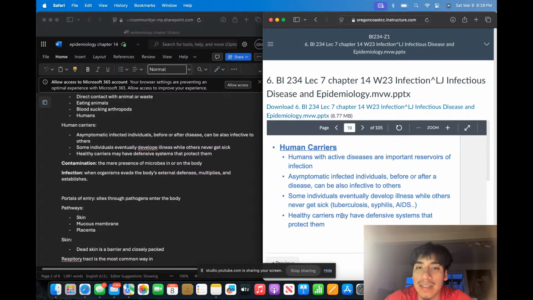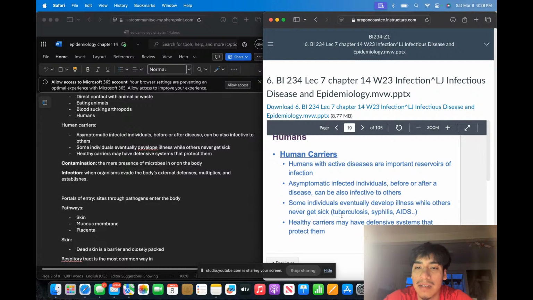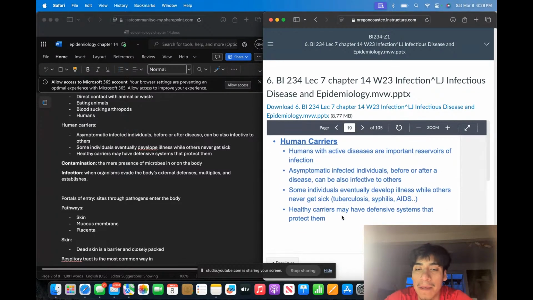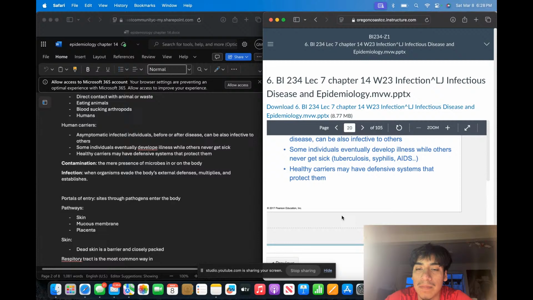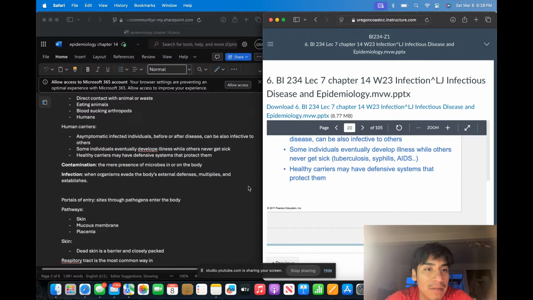Some people with AIDS will never have too serious symptoms. Healthy carriers may have defensive systems that protect them. So that highlights how you can still be carrying the disease but be healthy because you're fighting it off.